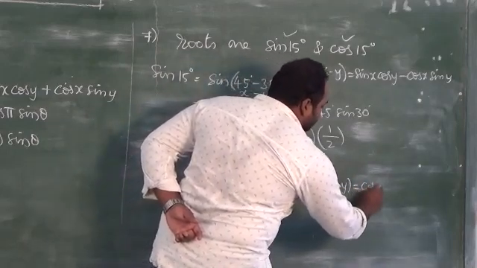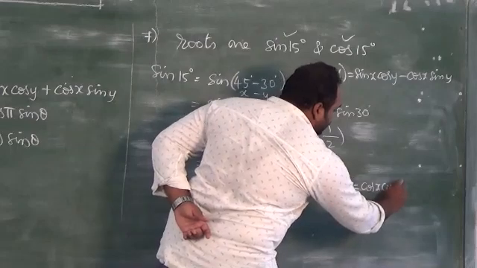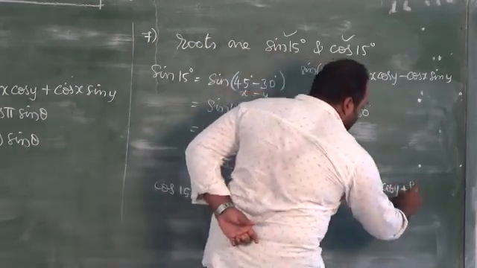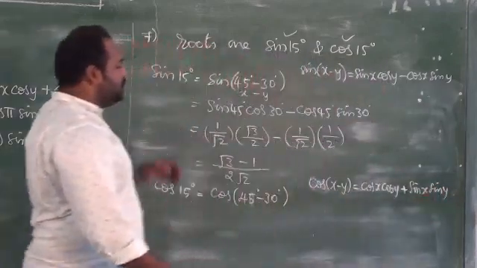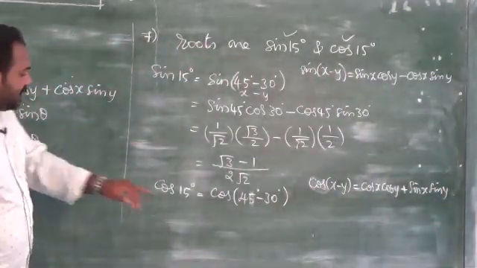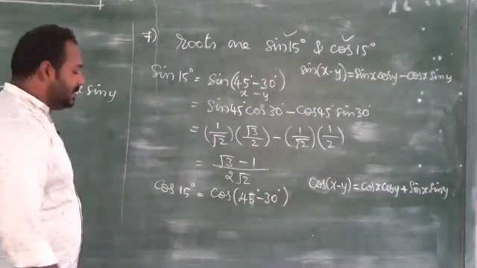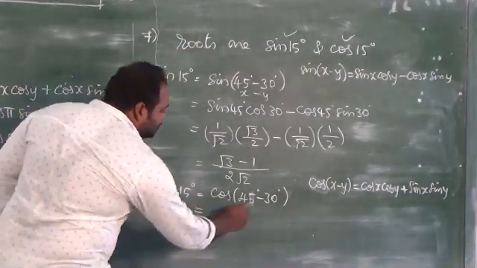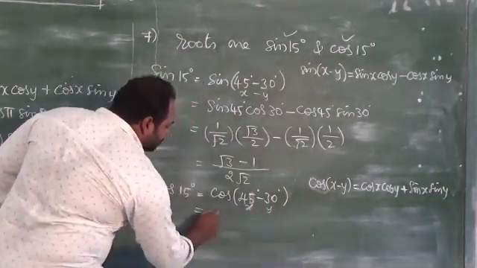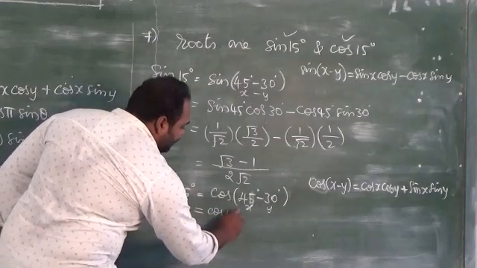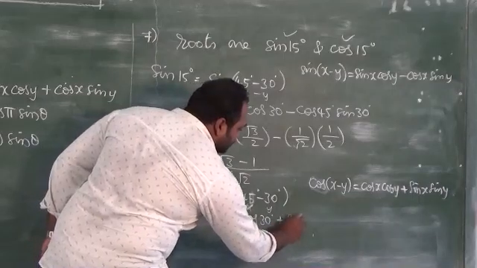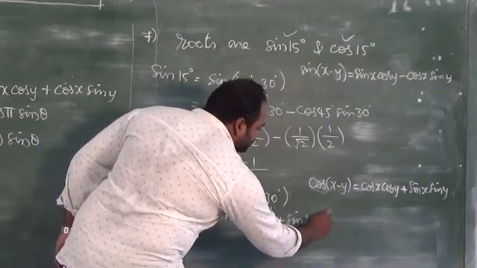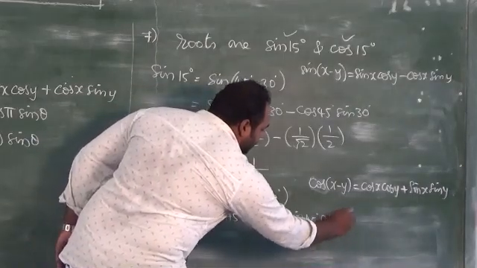The formula is cos x cos y plus sin x sin y. So we are going to use this formula to expand cos of 45 minus 30. Here this is x, this is y. So cos 45 cos 30 plus sin 45 sin 30.